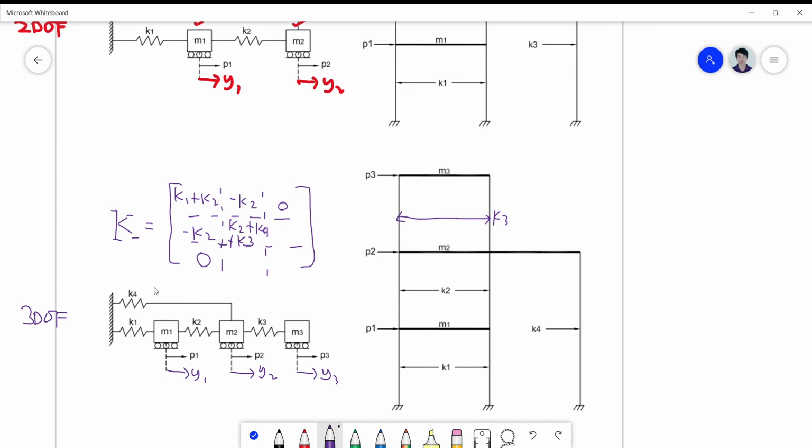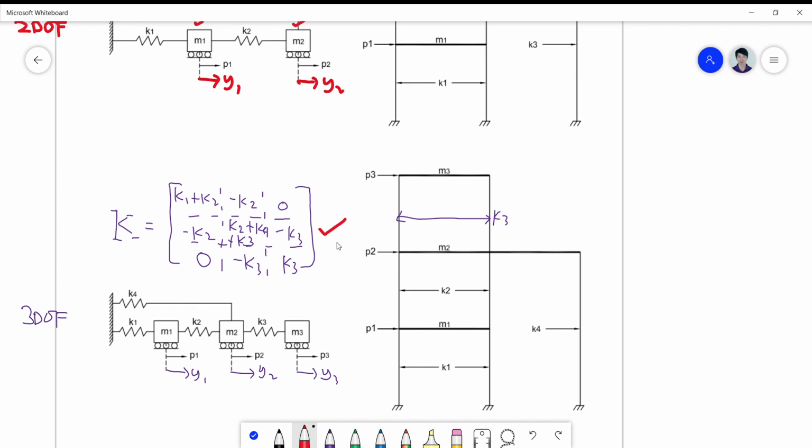And for 2, 3, you have a negative K3. For 3, 2, you also have a negative K3. And for 3, 3, you have a positive K3. So this defines now your structure stiffness to be used on the analysis.